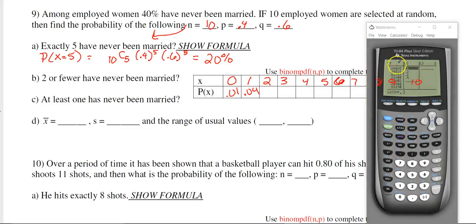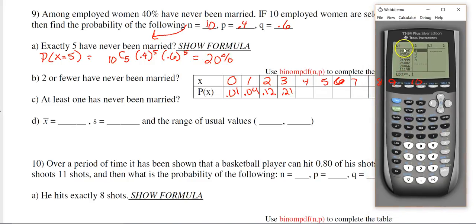So 0.01, 0.04, 0.12, 0.21, 4 is 0, 1, 2, 3, 4 is 0.25, 0.20, 0.11, 0.04, 0.01, 0 plus, and 0 plus.